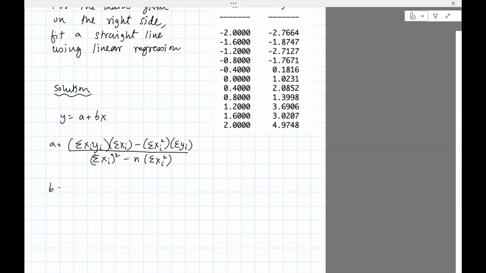Okay, and then b is summation xi summation yi minus n times summation xi yi.